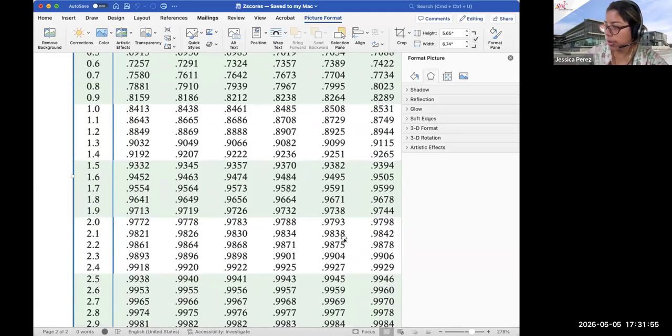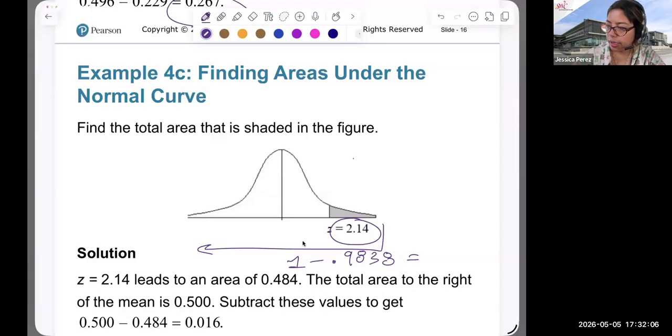0.9838. Why do I have to subtract from 1? Well, because 1 is the whole probability. It's 100% of the data. So if I want to find the area cumulative to the right, notice I'm looking for the area to the right. You're going to look at 1, which is the entire region, minus the z-score area, which was 0.9838.